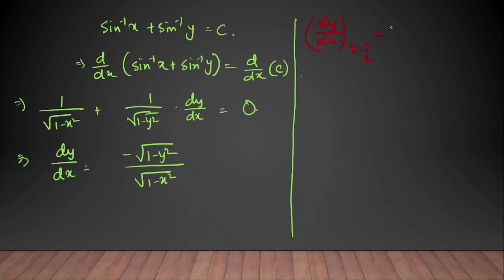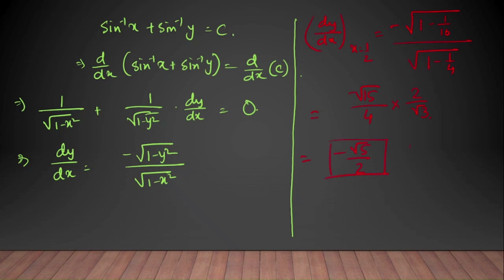So in y square we write 1 by 16, and root under 1 minus 1 by 16 is root 15 divided by 4, that into 2 by root 3. So we can write it here, that is minus root 5 by 2.